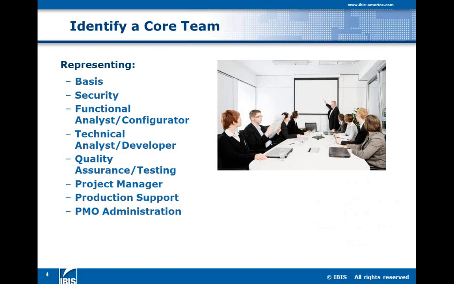Now, identifying a core team needs to take into account that you probably have a very comprehensive organization supporting your SAP landscape. And so we would recommend bringing together representation from each area that is used to support that SAP landscape. Your basis or operational support, security, functional analysts or configurators, technical analysts, developers. If you have a separate QA organization, involve them as well.